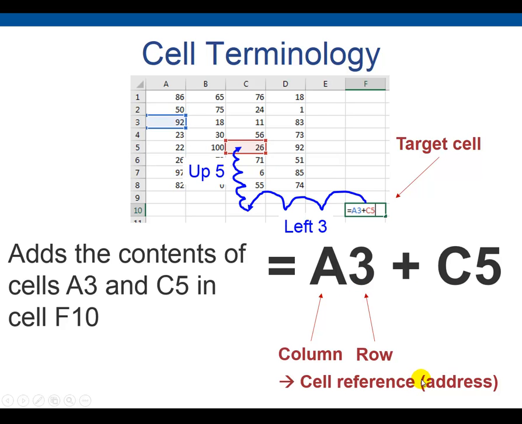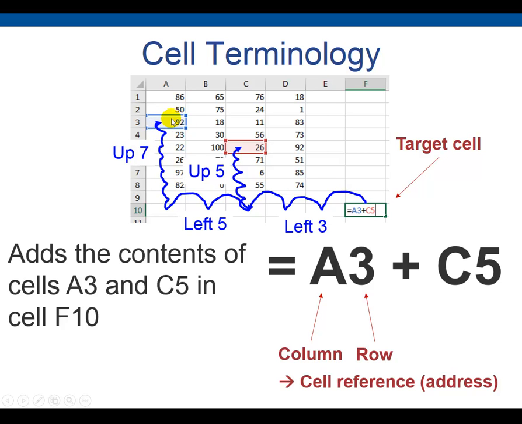By the way, this is relative addressing. Here there is no dollar symbol, so A3 plus C5 means C5 goes 3 left and up 5 rows. This is 26, and A3 goes left 5, 1, 2, 3, 4, 5, and up 7 rows.